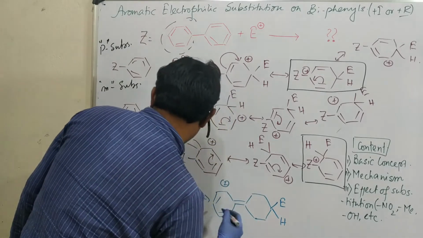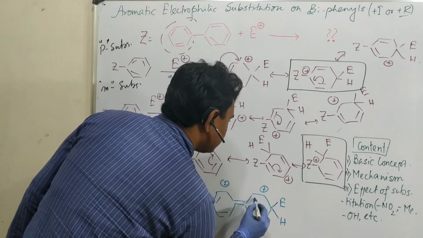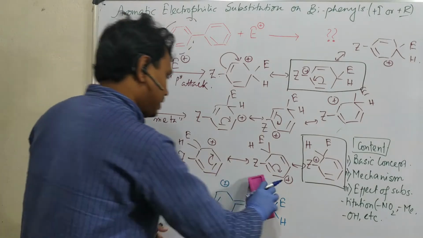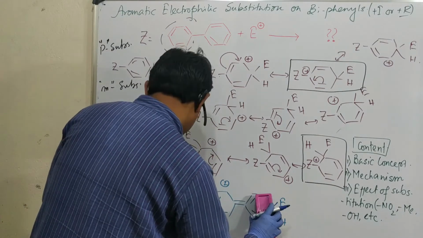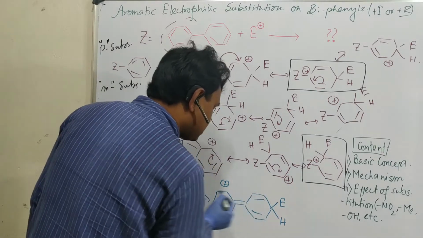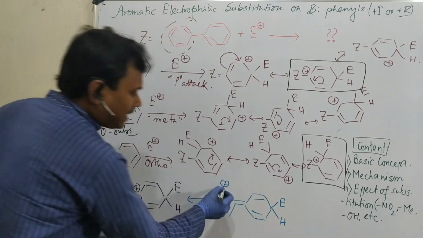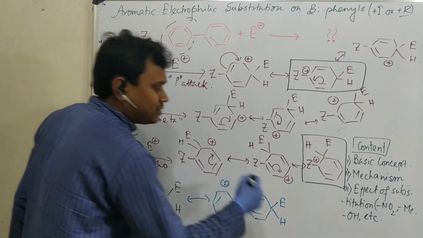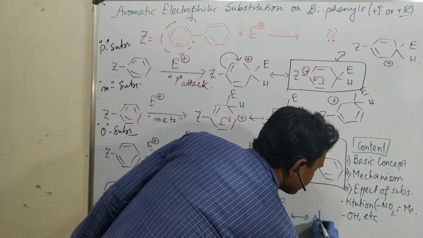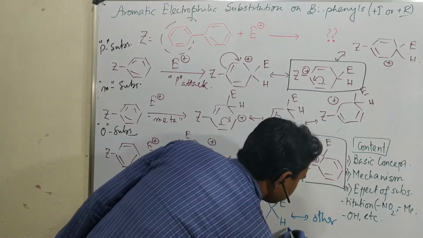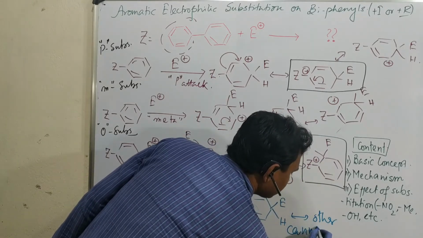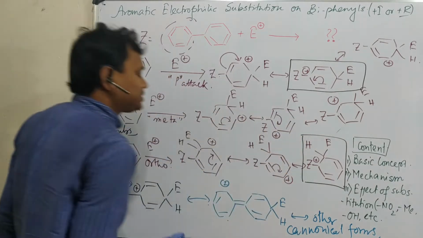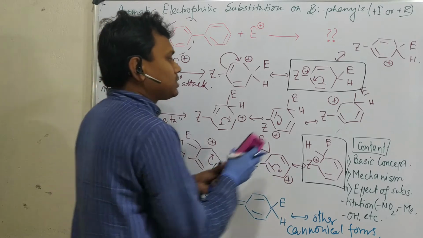E and H, and this is the plus charge. Now see, there are other three canonical forms, the charge will be on one here. Other canonical forms mean stabilization. The same thing is possible in this case also.